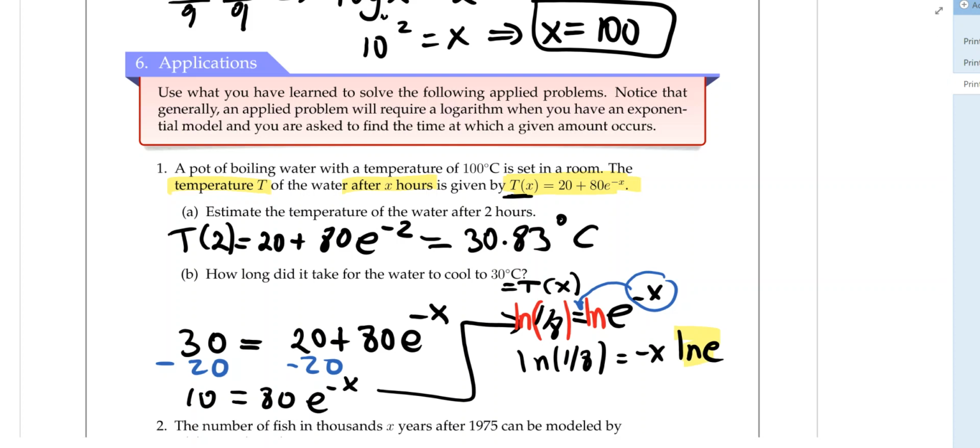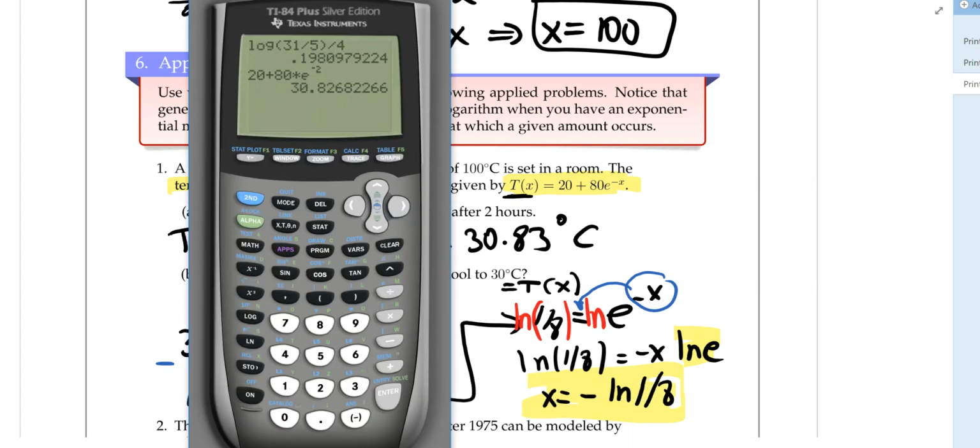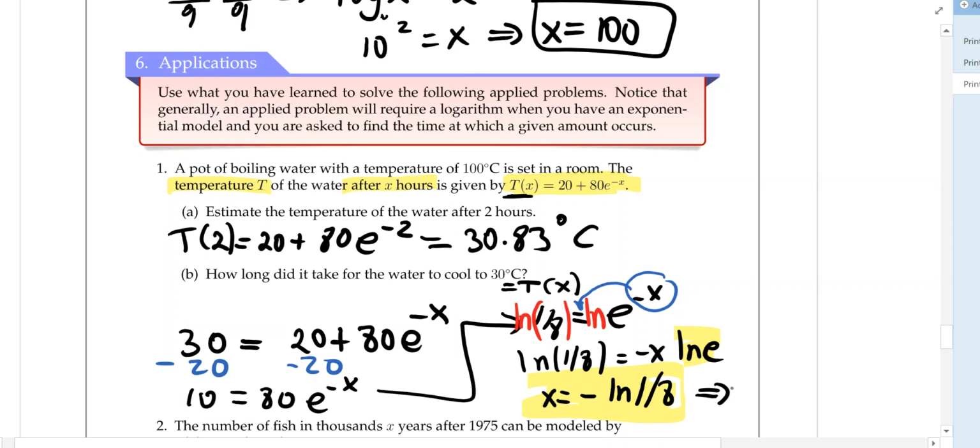So basically negative x equals that, so x will be negative ln of 1/8. So this will be the exact answer. And when we put it in our calculator, we'll get the approximation, negative ln of 1/8 is 2.08. So x equals 2.08 hours.